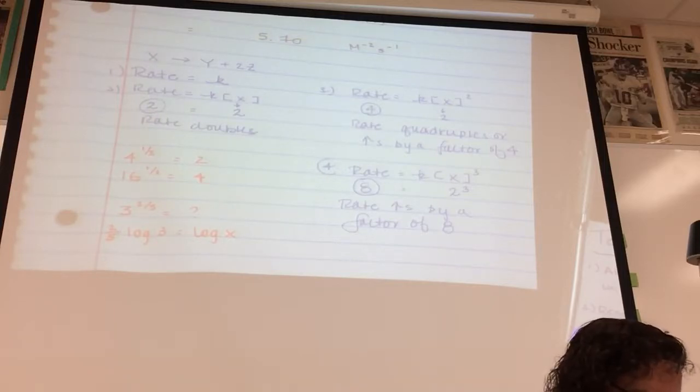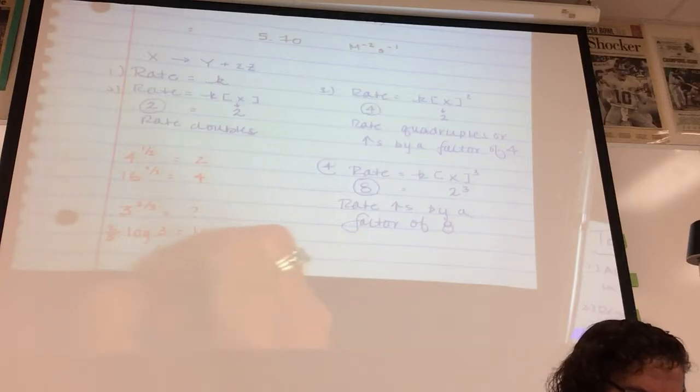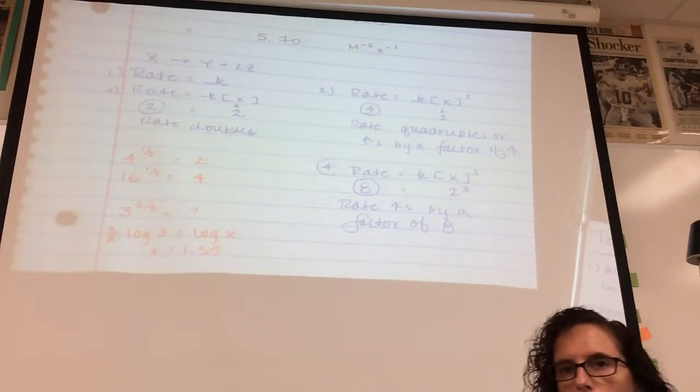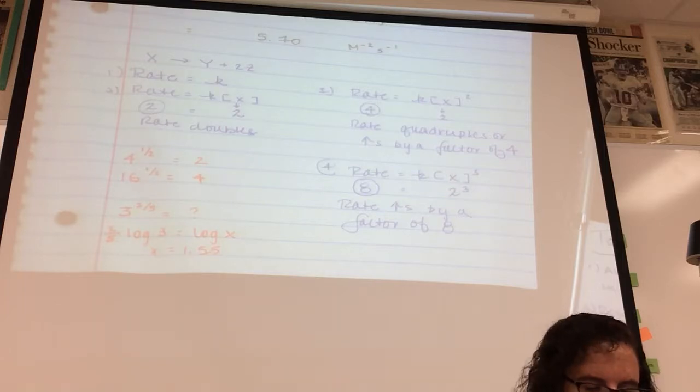If you had the log of 3 and you multiplied that by 0.4 and then did the anti-log, you'd get... what do you want to do? I wanted to say 3 squared divided by 3 to the power of 5. Yeah, that's not right, so the answer is no.